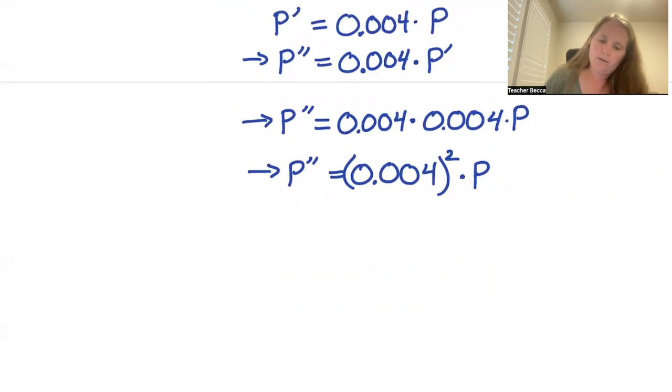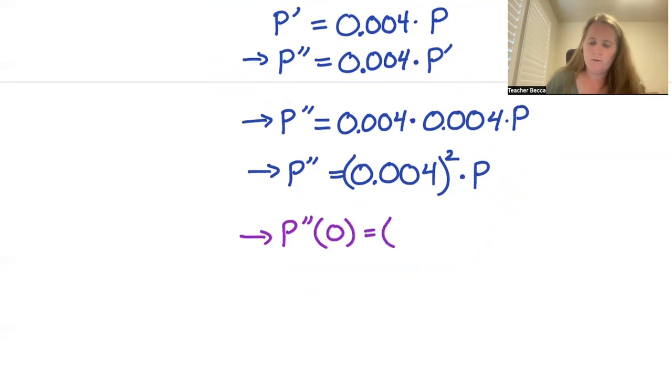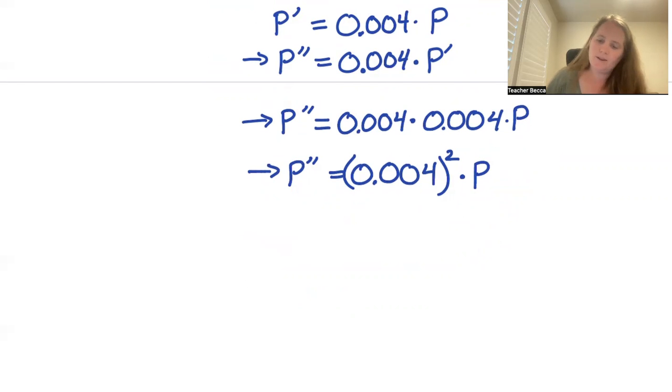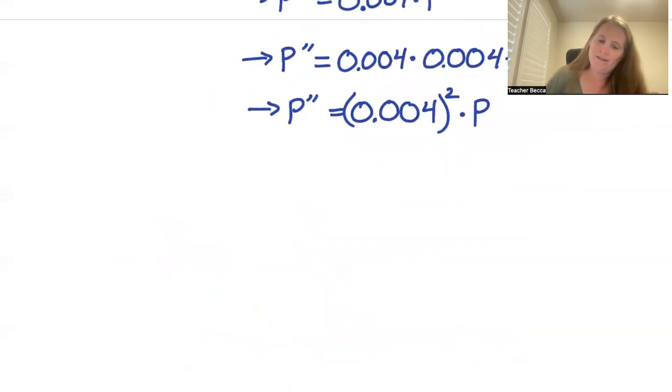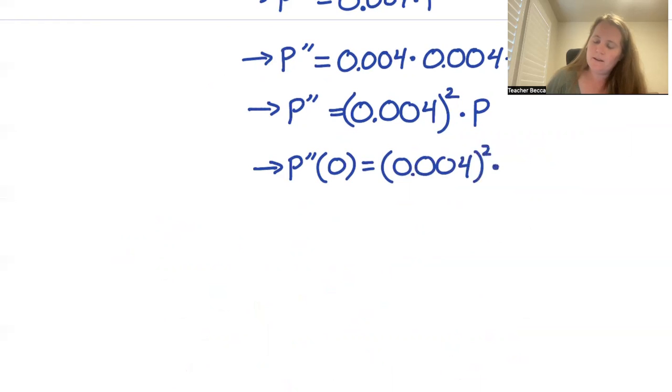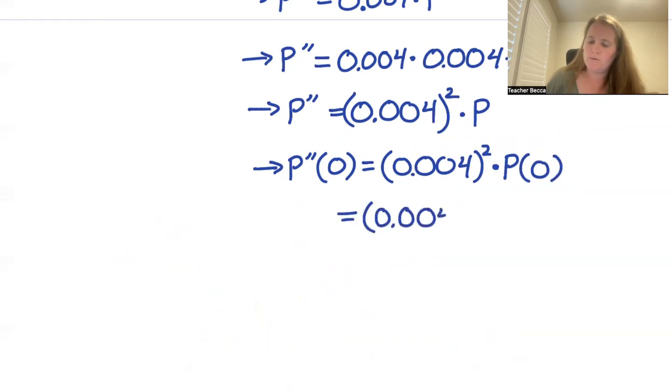Therefore, we have the second derivative evaluated at 0 should be equal to 0.004 squared times p of 0, or 0.004 squared times 400,000.